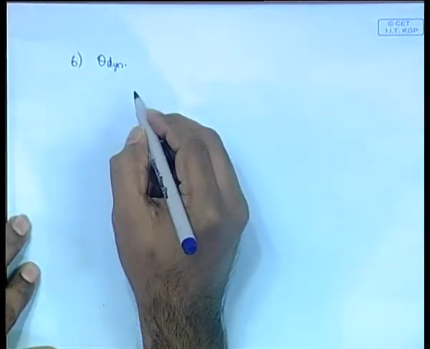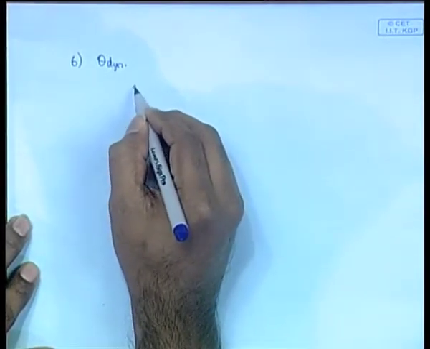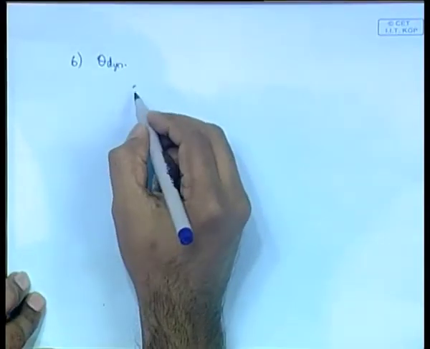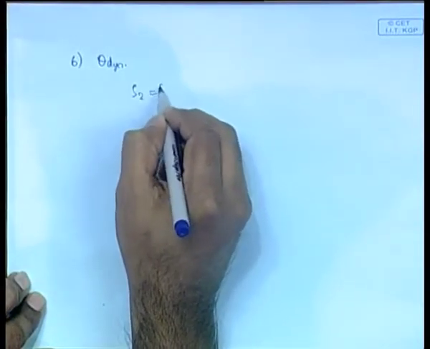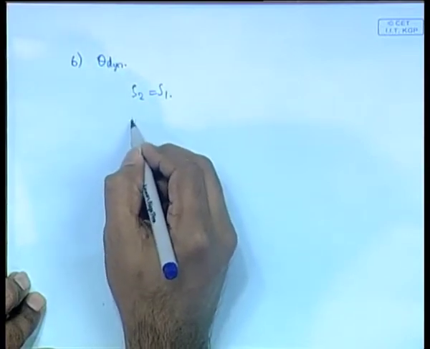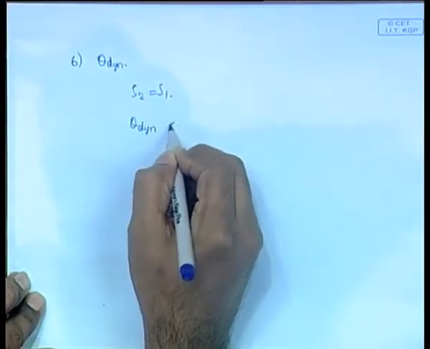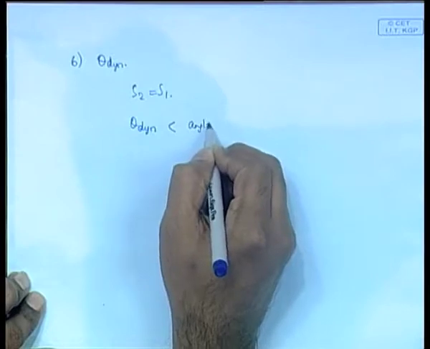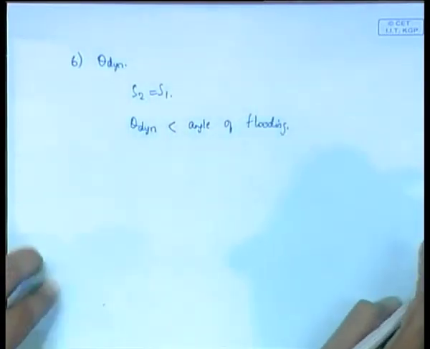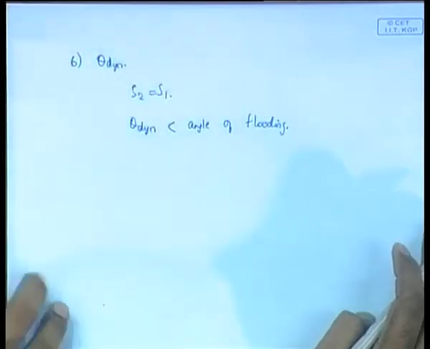At any rate, you find a theta dynamic from the point where the ship has heeled, where we find an area S2 such that S2 equals S1. I will write it first: S2 equals S1, and the final condition is that theta dynamic should be less than the angle of flooding. I will explain how this theta dynamic is found when we do the problem.